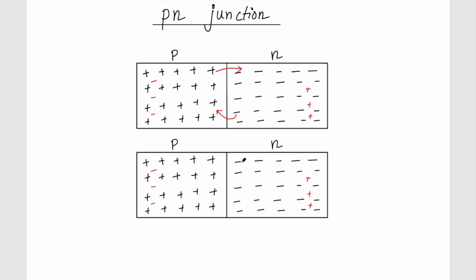So when the electrons leave this n side and come here, they will occupy this hole and it will become negatively charged here. This is because the p-type material is a neutral substance by itself. So when the electrons come here, it will become negatively charged.